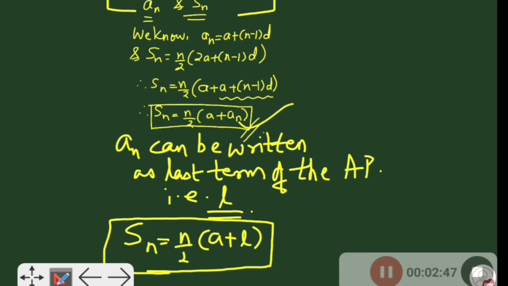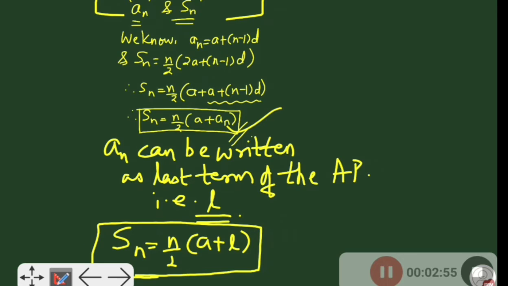We know a plus n minus 1 into d is nothing but an. Therefore the value of Sn will become n by 2 bracket a plus an. Now an can also be written as the last term of the AP, that is L. Therefore Sn will be n by 2 bracket a plus L. Okay. This is the relation between the nth term and the sum of n terms of an AP.